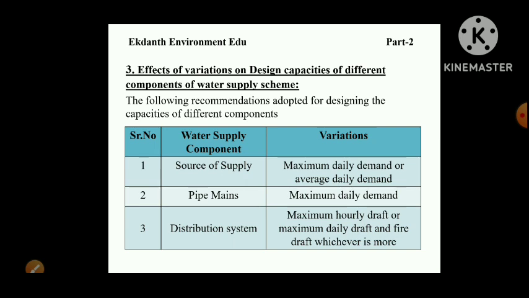Okay, so let's see what variations we should consider while designing the different components of the water supply scheme one by one. The very first one is your source of supply. For the source of supply, the variation we will consider will be the maximum daily demand or the average daily demand. The second one is your pipe main. Pipe mains are pipes which convey water from the source to your service reservoir.